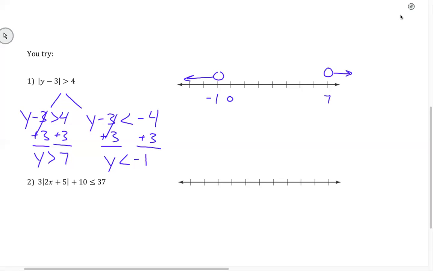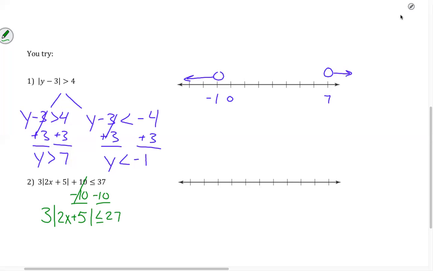Now, number 2, we didn't do any like this, but you still know how to do it. Remember, you have to get the absolute value by itself. So your first step is to subtract 10. That gives you 3 times the absolute value of 2x plus 5 is less than or equal to 27.